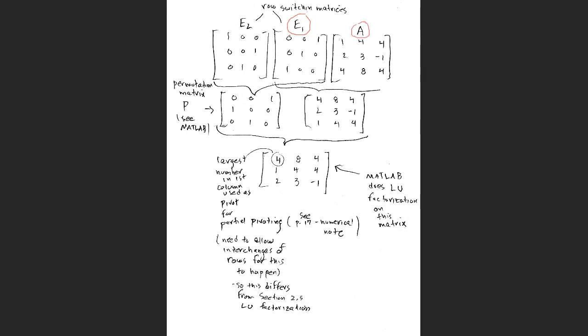What is an elementary matrix? Where does an elementary matrix come from? Don't worry about the E2 right now. Focus on the E1, that elementary matrix. It kind of looks like an identity matrix, doesn't it?